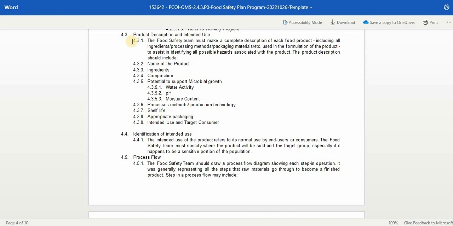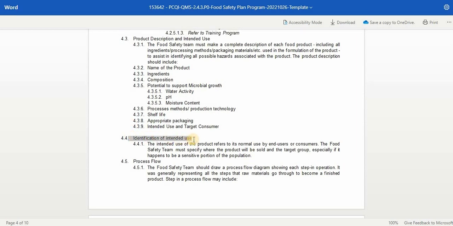The product description should include the name of the product, ingredients, composition, potential to support microbial growth, under that is water activity, pH and moisture content. Next is the processes or methods or production technology, shelf life, appropriate packaging, and intended use and target consumer.